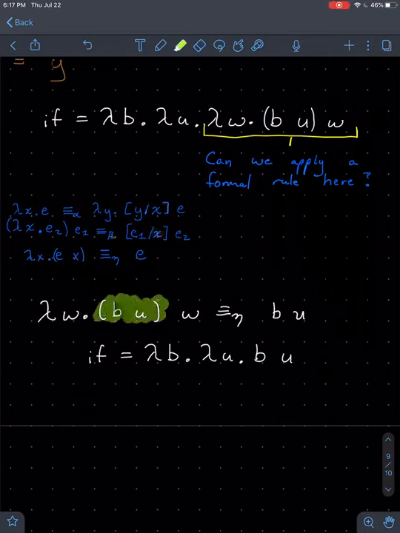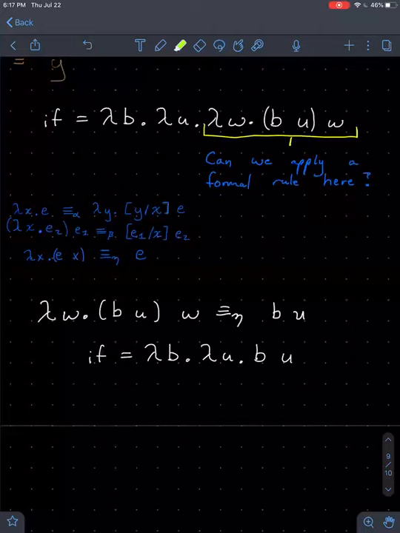So shouldn't you just get b back? If b would stand in for your e, and u would stand in for your x, you take u, plug it in for x, get back e, which would be b.